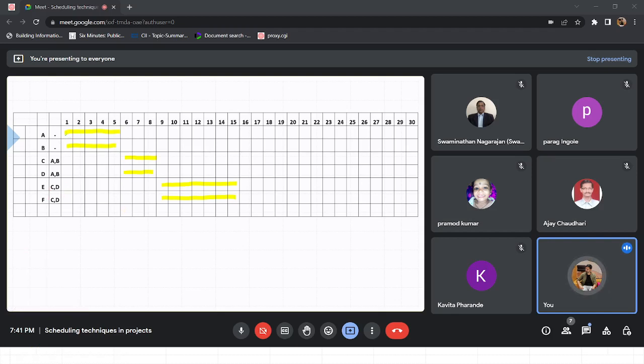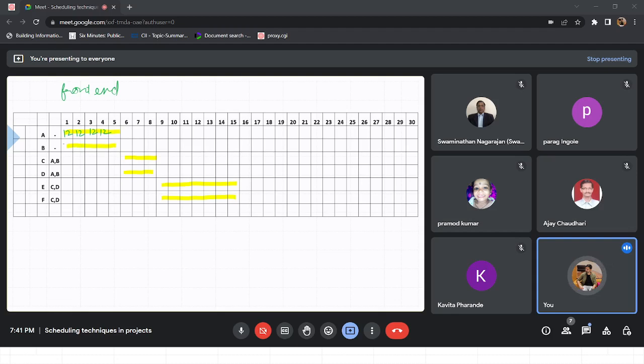For activity A, in these 5 days, you have to have 4 days of activity with 12 laborers each day. So it can be this also, it can be this also. I will go with front end loading. So that will make 12, 12 this.